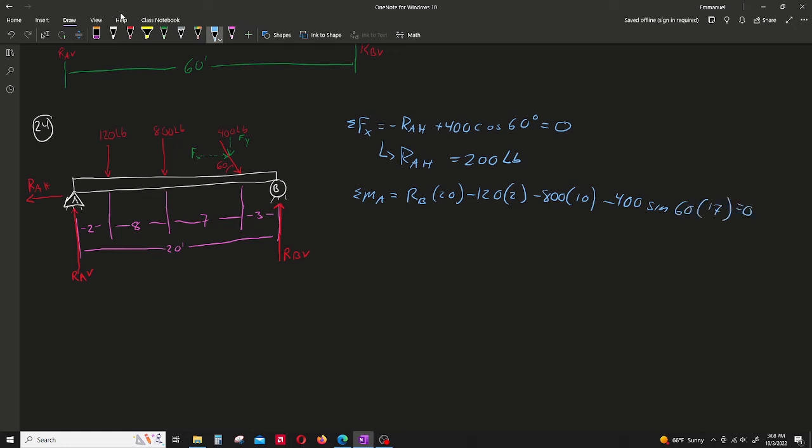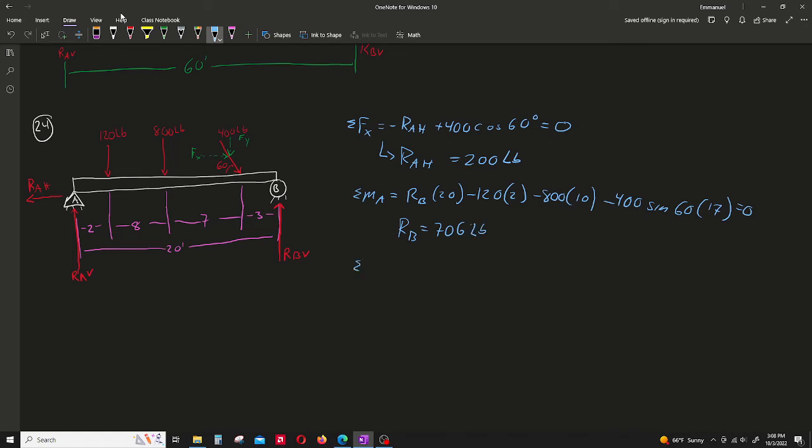All that being equal to 0, to be in equilibrium. RB, sorry, RB is equal to 706.